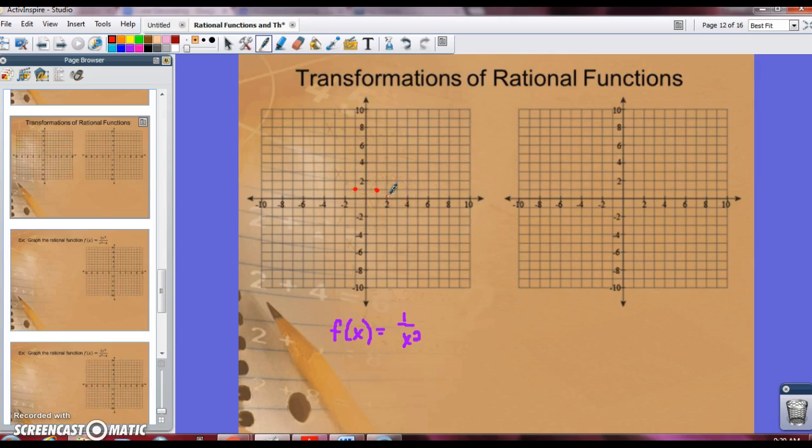I know it's symmetrical about the y-axis. This is my asymptote, because x can't be equal to 0.